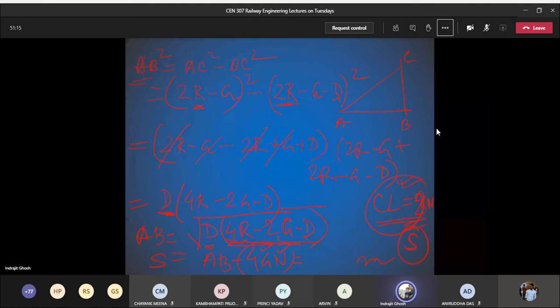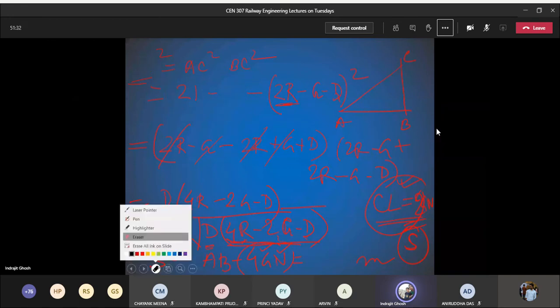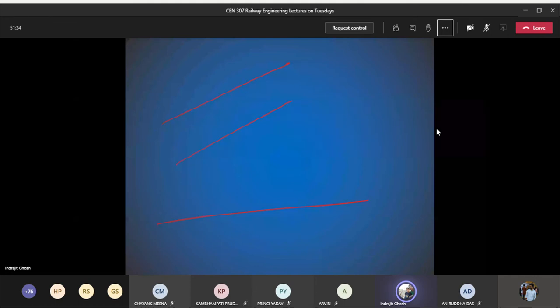Okay, now there can be a special case of crossover where the lines are not parallel, non-parallel. We have seen a diagram like that, but its derivation is quite complicated. That's why no undergraduate books provide its derivation. We have seen a photo earlier, like this kind of diagram, or it can be like this. So it has not been derived in any book.